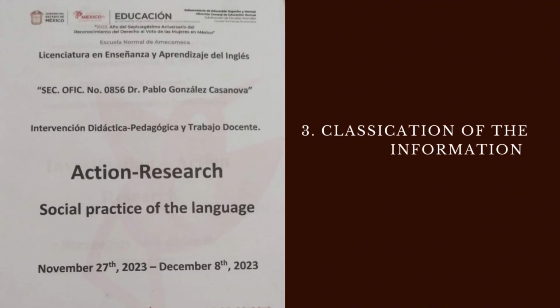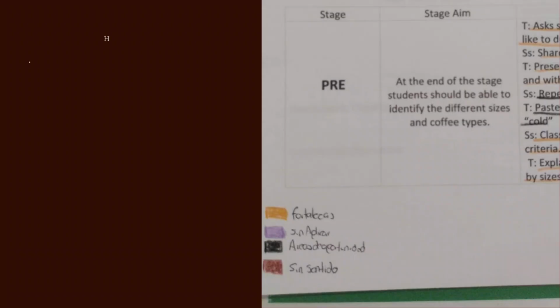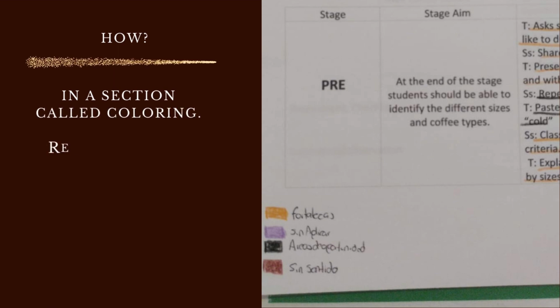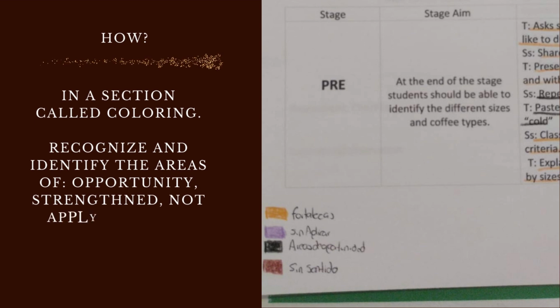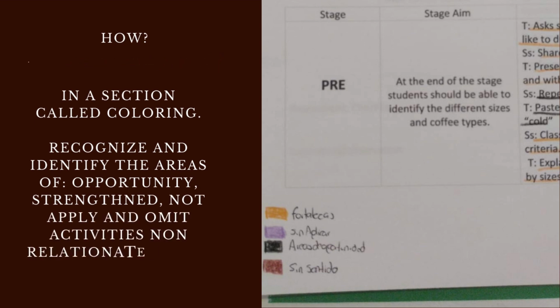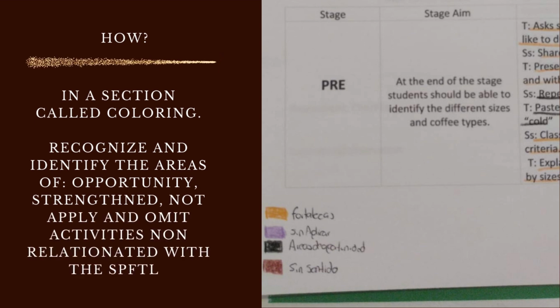Number 4. Classification of the information. Once the information was collected, it was classified in a section called coloring. This section worked a lot for me because I could identify the areas of opportunity, the areas where social practice is strengthened, the areas where I don't apply the social practice of language, and the ones I could omit when checking my lesson plans.